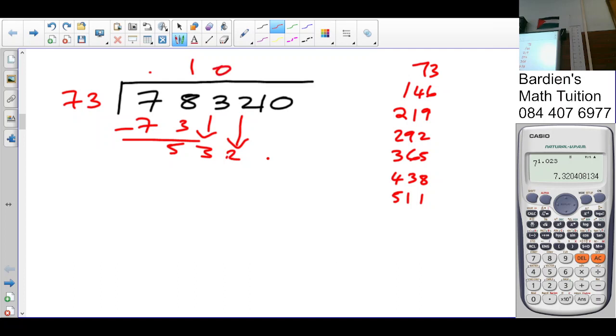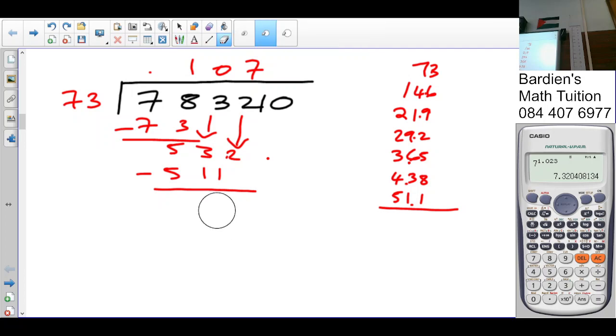So 73 goes into 500 and says 1, 2, 3, 4, 5, 6, 7 times. So 7 times 73 is 511. Okay. You guys okay with this? Or must I write the step in? It's fine. Okay. So it's going to give you 1. I must minus now, no? 1, 2. Carry down the 1.